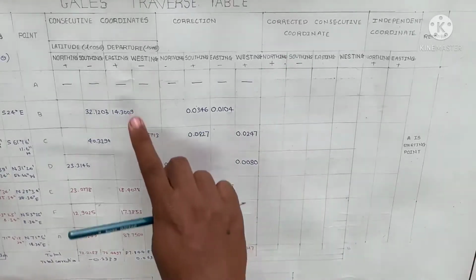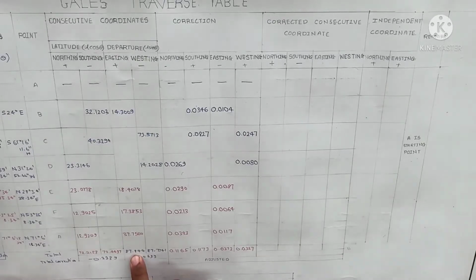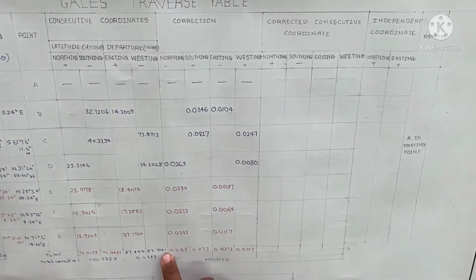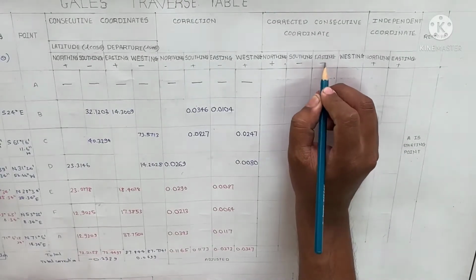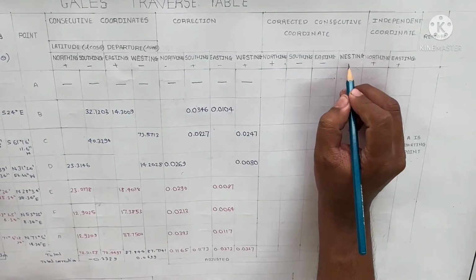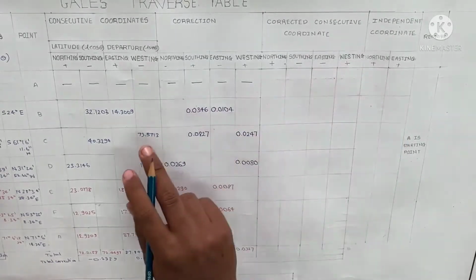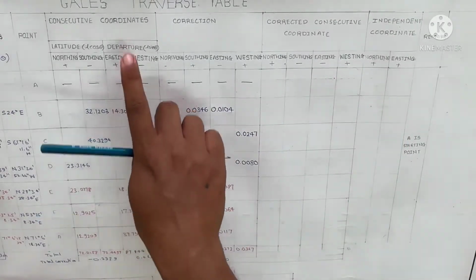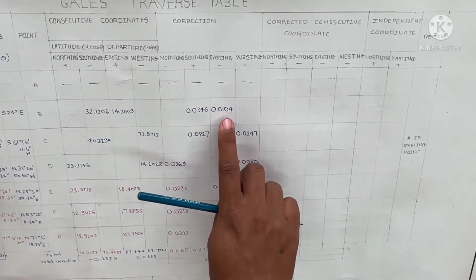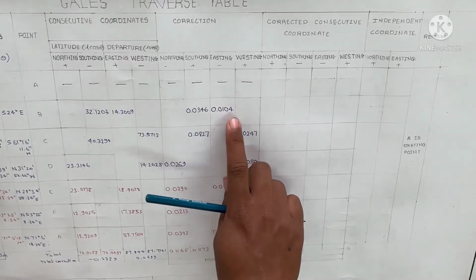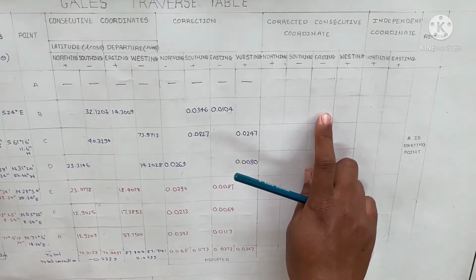Again likewise for the easting value it is 87.844, and correspondingly the summation of westing is 87.7741. That means easting summation is greater than the summation of westing, so we are going to give minus sign for the easting and positive sign for westing. So likewise the rule, the consecutive coordinate which we have calculated, we are going to just deduct the correction and calculate the corrected consecutive coordinate.